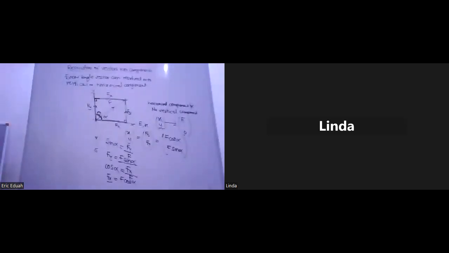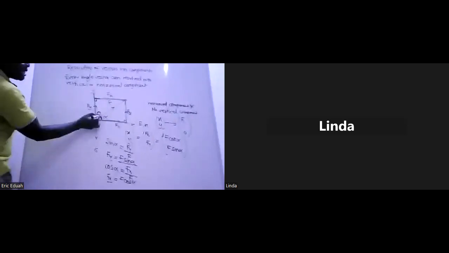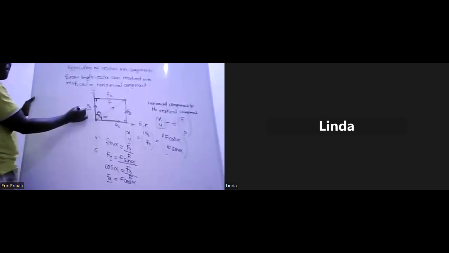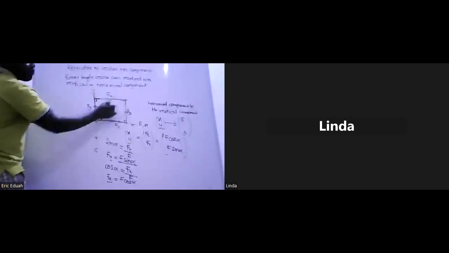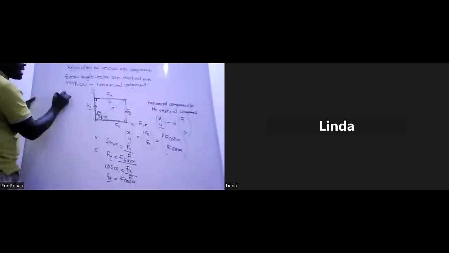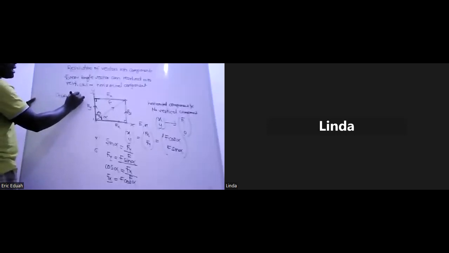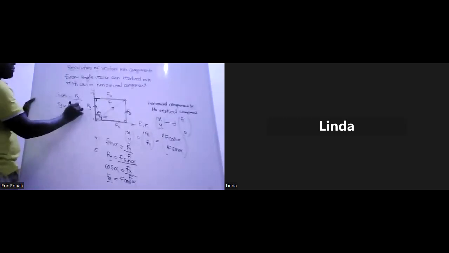Okay. If this is Fy and this is Fx, then using this angle, because this is the adjacent to the angle, when you are looking for Fy, you have to use cosine. It means you have the angle and the hypotenuse, and this is adjacent. So cos of the angle theta is equal to Fy on the hypotenuse, which is F. Fy therefore is equal to F cos theta.